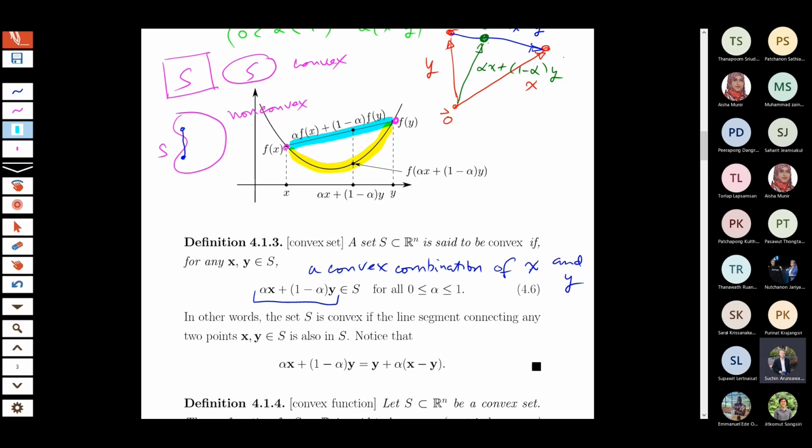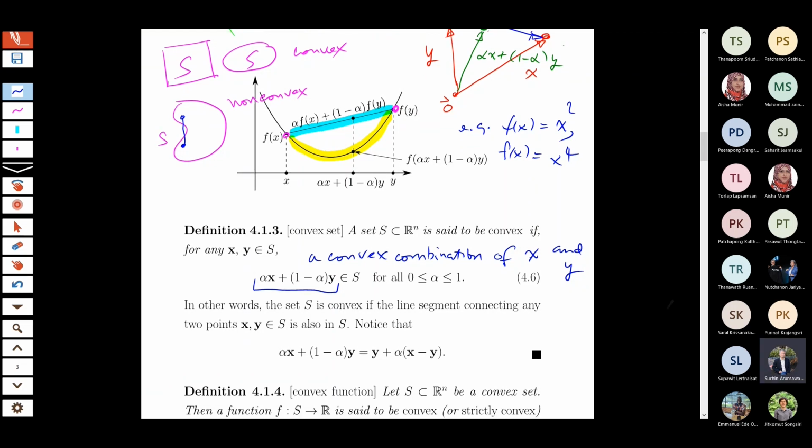You can see that an example of a convex function is f(x) equals x squared or x to the power of 4. Am I right? And there are many.